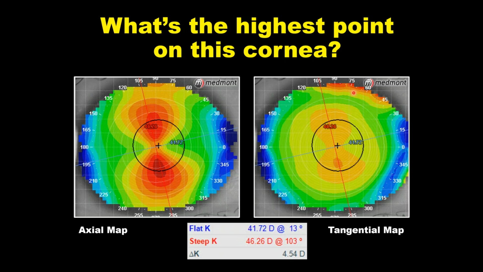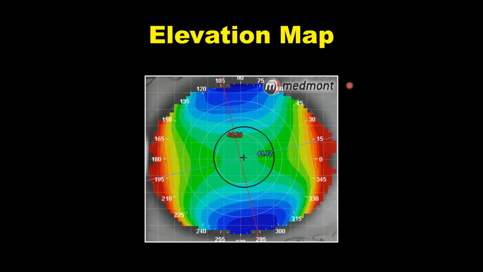If we compare that to the same eye, same topography, and the tangential map, the steepest, most curved point is way out here in the periphery. So the tangential map is, in theory, telling us that this is the most curved point. So is that the highest point on this eye? And the story is neither of these maps will tell us what is the most elevated point on the eye.